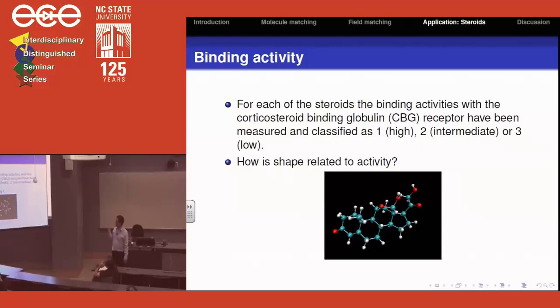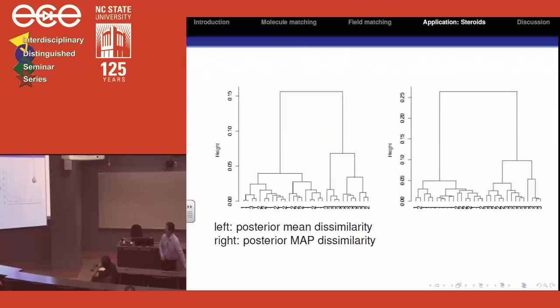Okay, so I want to see if my shape measures are able to distinguish the high, intermediate, and low. So one thing we did was we ran all possible pairs of matches between all the steroids in the database, and then we did some cluster analysis based on the dissimilarity from our method.